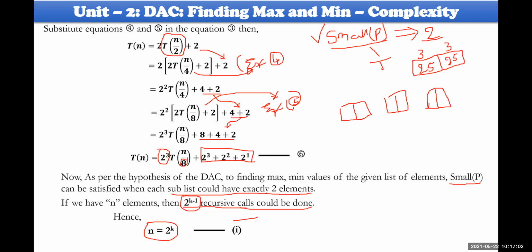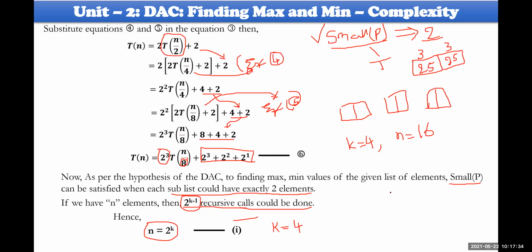If you consider these two, it is 2 power 3 and 2 power 3 and n. What is the value of n here? 2 power k. Here I'd like to consider, for example, that in 2 powers I already have 3, so k will be equal to 4, for example. Totally 16 elements are there. If k is equal to 4, what does it mean? n will be equal to 16.